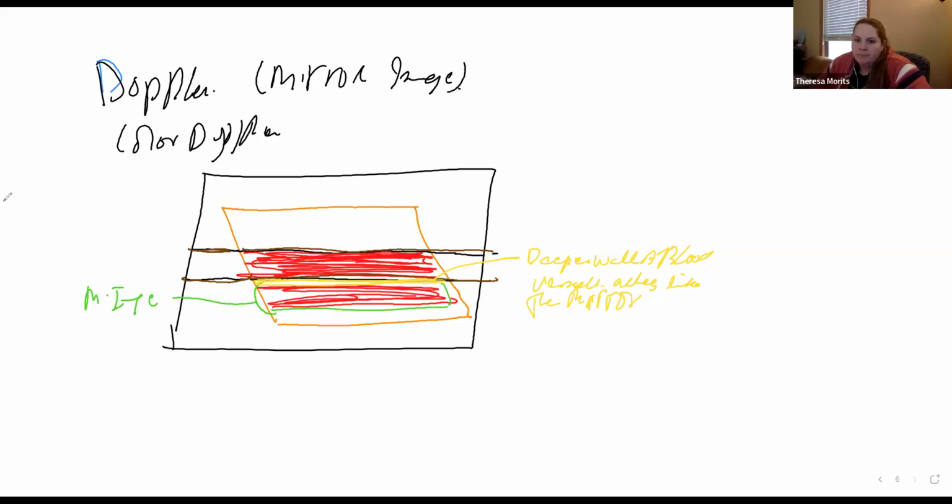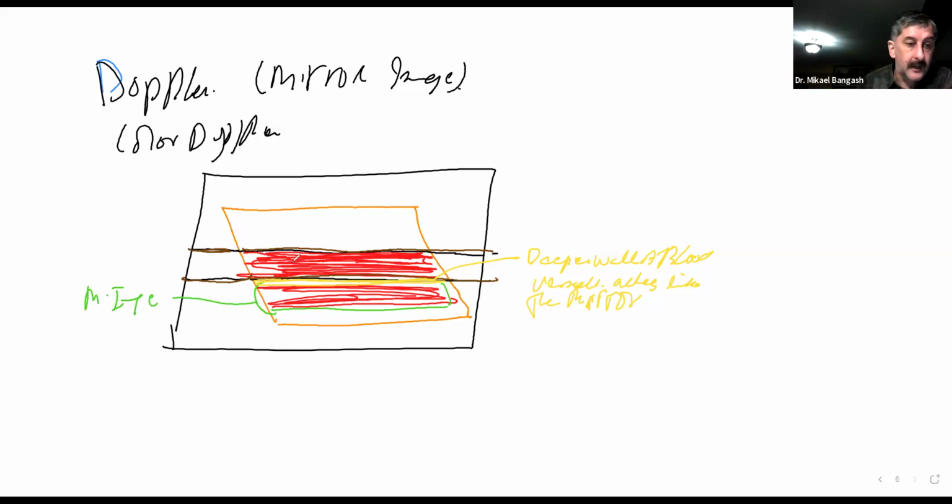Yeah. So even in color Doppler, you can say the mirror image, which is the artifact, is still going to appear deeper than the actual blood vessel.